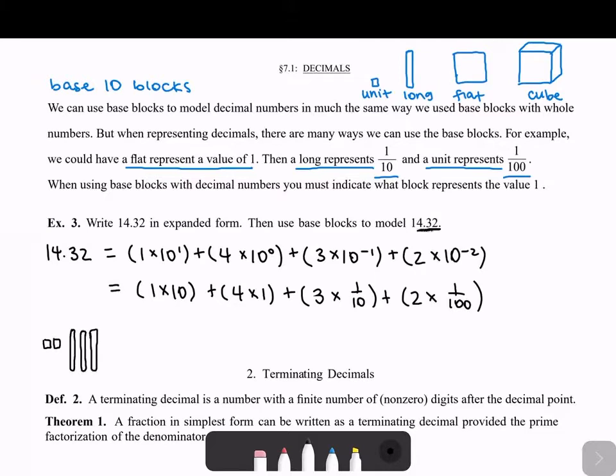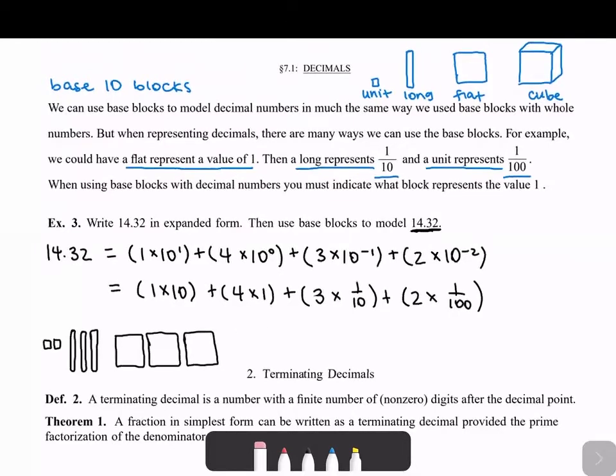We'll do 4 of the flats. And that tells us that this flat is representing the ones place because we have 4 of them. And then lastly, we have 1 of the cubes, because the cube here is going to represent the thousands place.